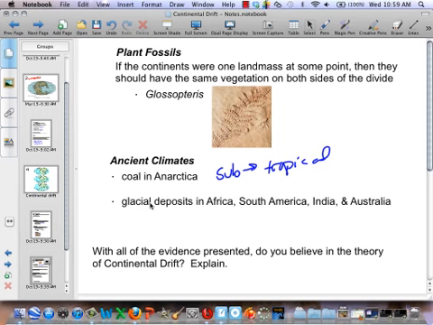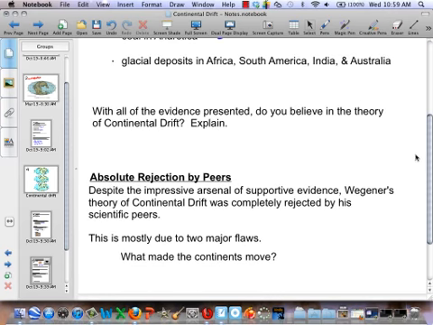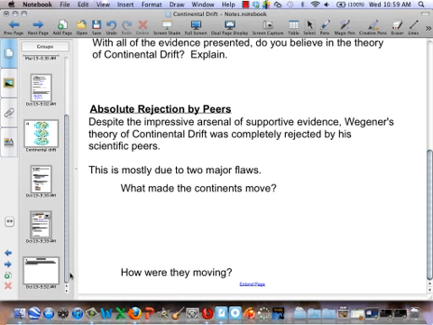He couldn't explain two things. Why they moved, how they moved. Okay, those are the two flaws with his theory. And that took many years to figure out, the how and the why. Okay? So what made them move, and how did they move? And that's the whole reason why his theory was not accepted.